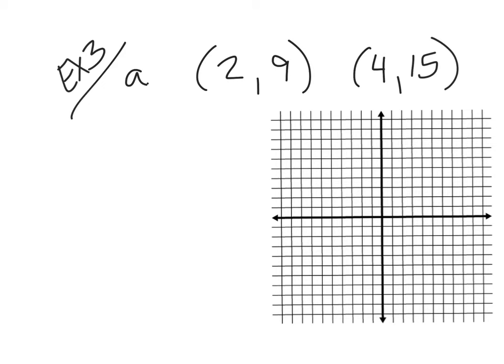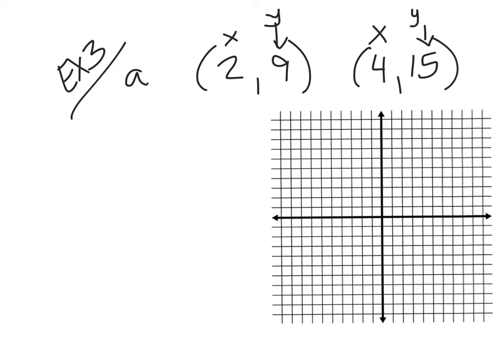It says write an equation to represent the weight Y. So it's already telling you the weight is Y. So both of these are the weights, so they stand for Y. And then it says of the kitten X number of weeks. So then these are the weeks, so you can label that as X. Oh, so a lot of times in the question it'll label it for you. When it says weight and Y, I thought that was in the equation. It's just helping you write the points. That's all that is. Yeah. Good question. Very good question.